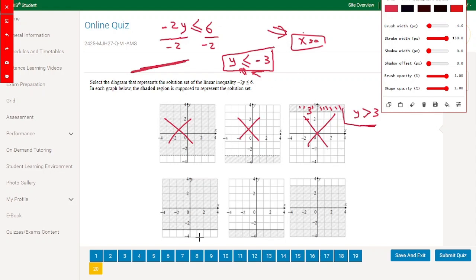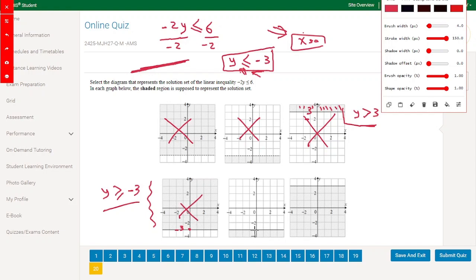For this one, we have y here minus 3, and the shaded area is bigger than minus 3. So here y is bigger than or equal to minus 3. But our inequality says y less than or equal to minus 3, so this is a wrong answer.